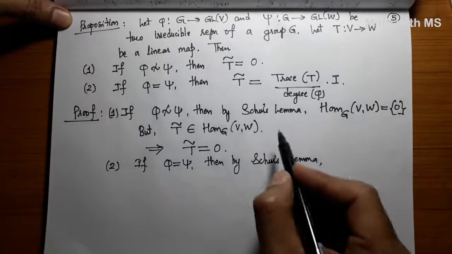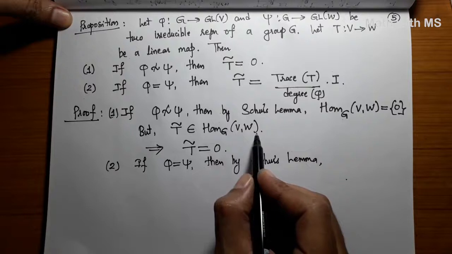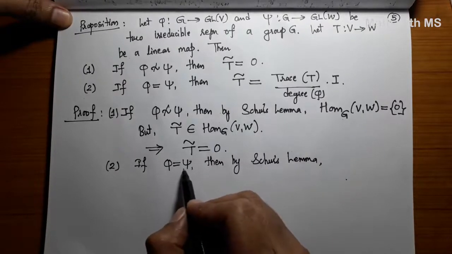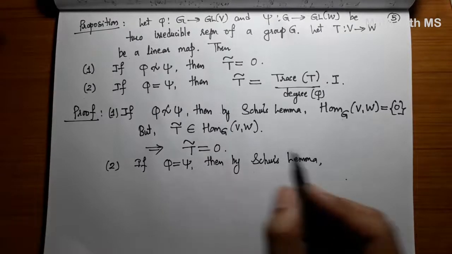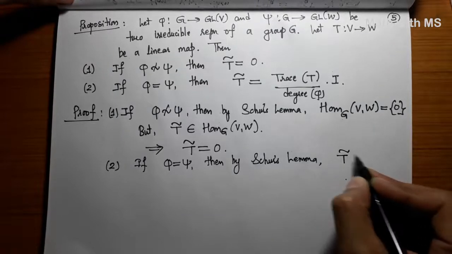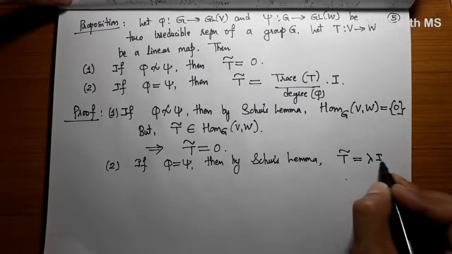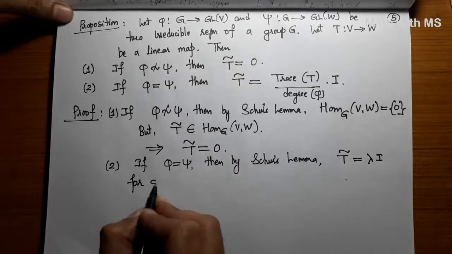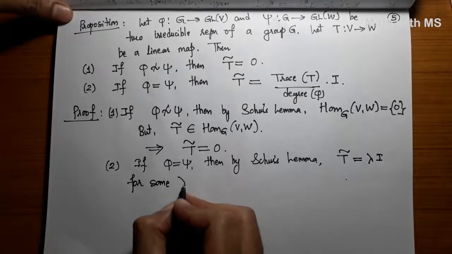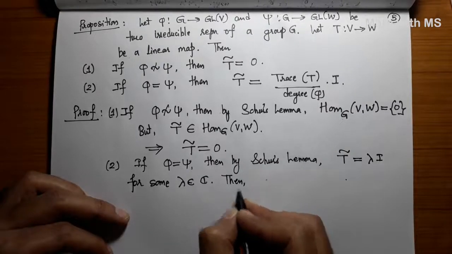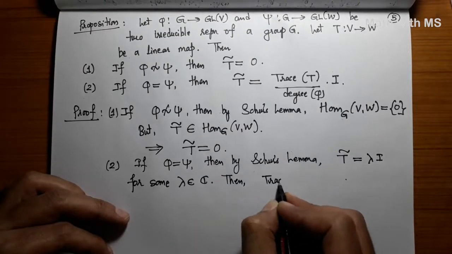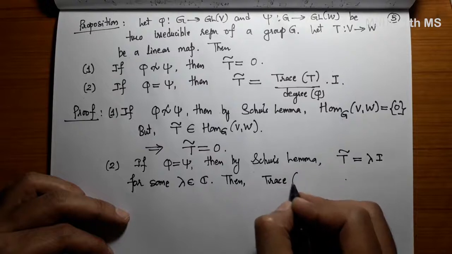because T tilde is a morphism from V to W and you are talking about the same representation, each self-morphism of an irreducible representation just looks like a scalar multiple of the identity. So by Schur's lemma, T tilde is actually lambda times identity for some scalar lambda in C. What is the trace of T tilde?